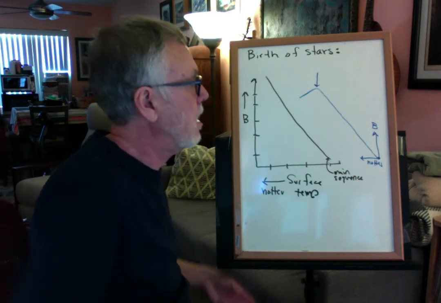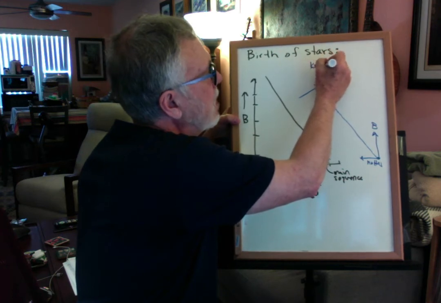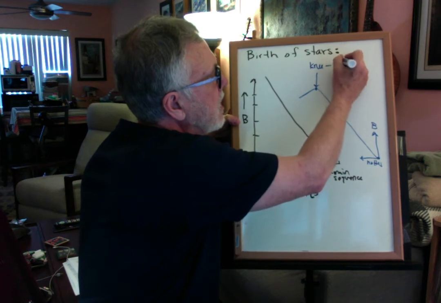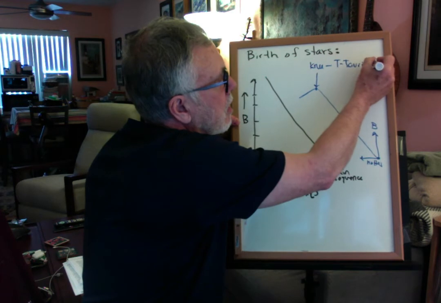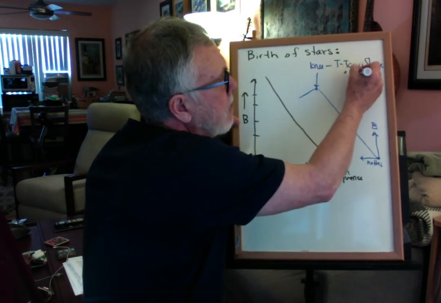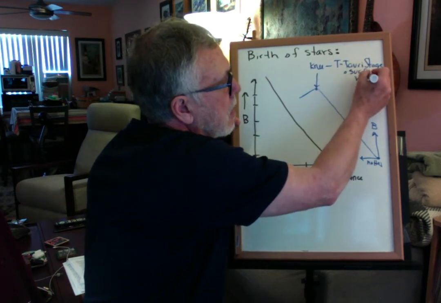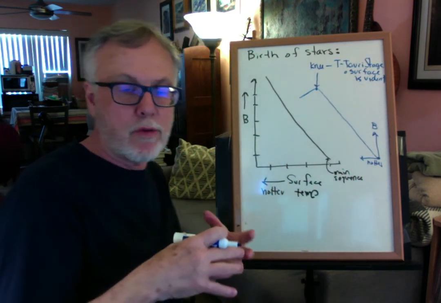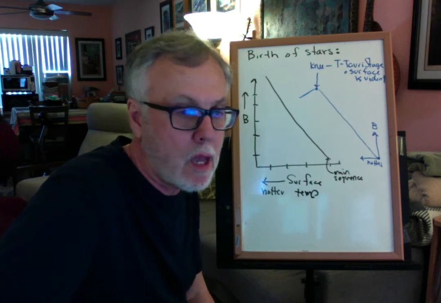This knee in this plot is known, at the beginning right there, as the T Tauri stage. And at this point, the surface becomes very violent, and it throws material into surrounding space off the surface of this birthing star.